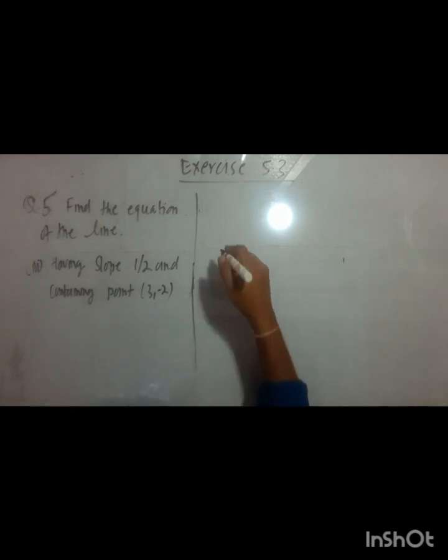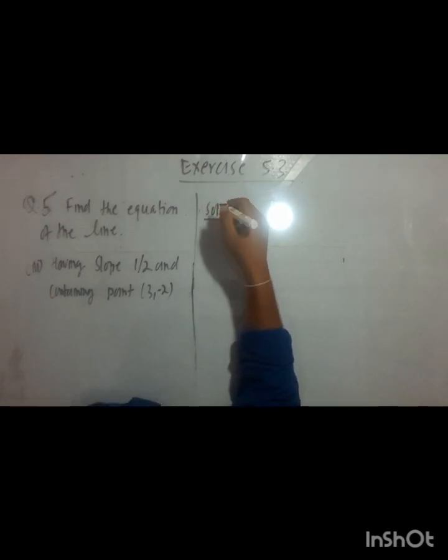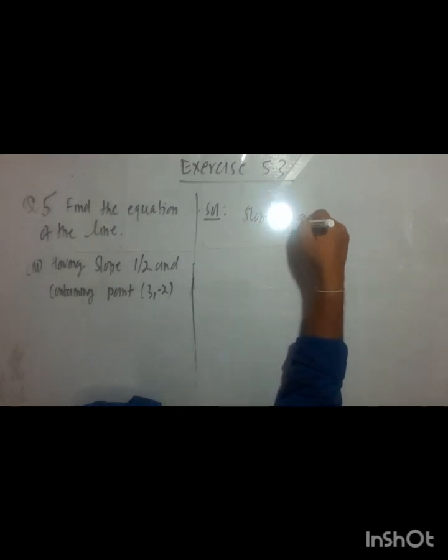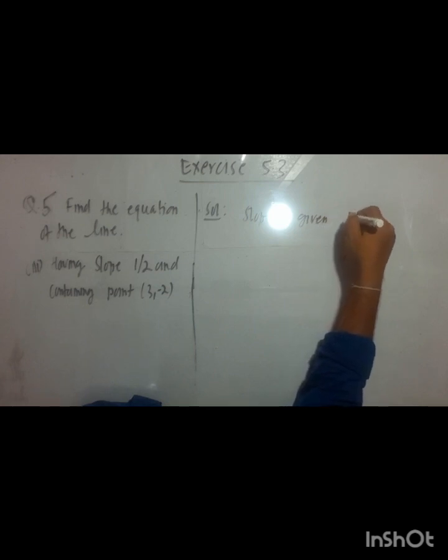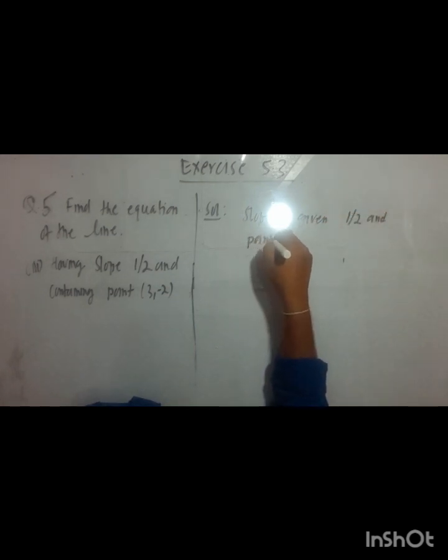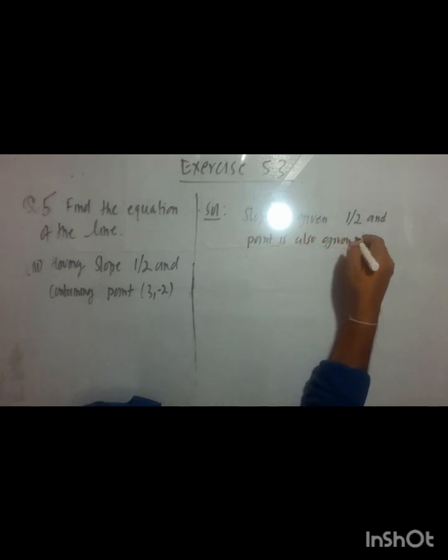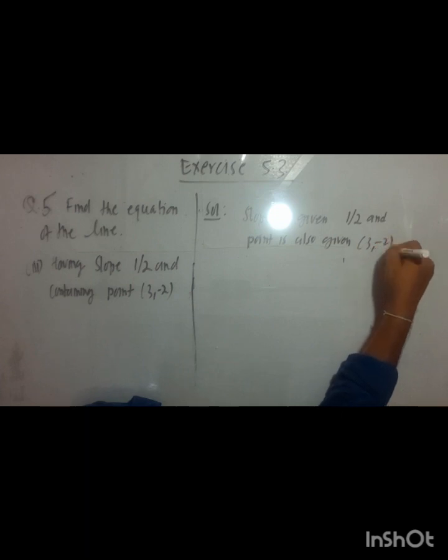Okay, so I will solve this problem. Solution, see simple. Slope is given, that is 1/2, and one point is also given, and the point is (3, minus 2).